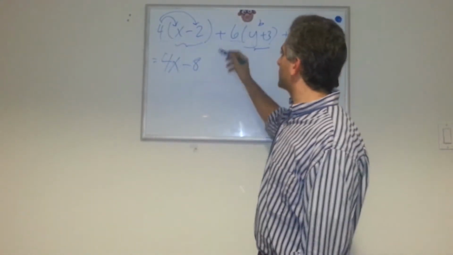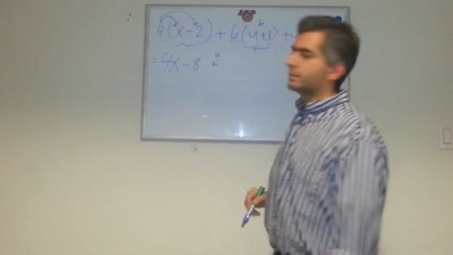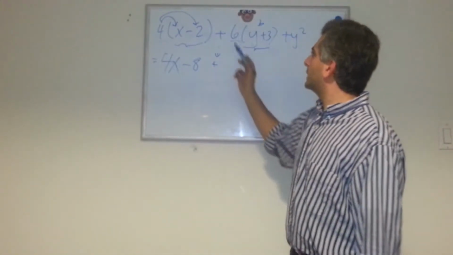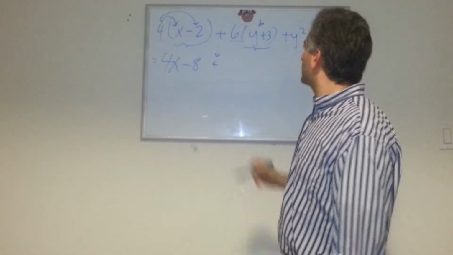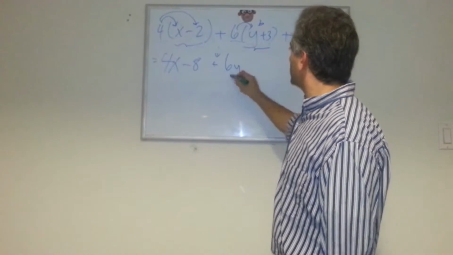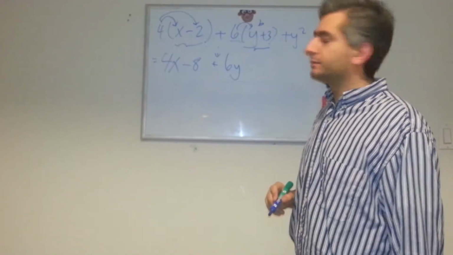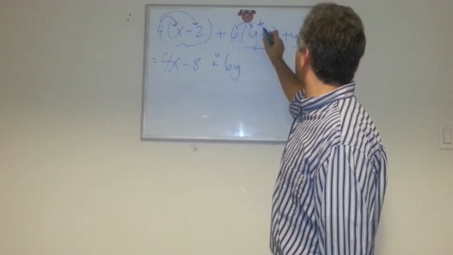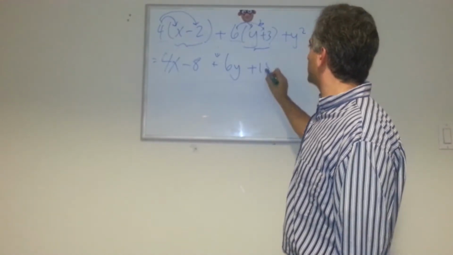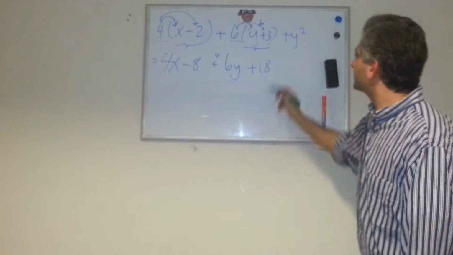We're going to put a plus sign here. Now let's start with the 6. The 6 distributes with the y to give you 6y. The 6 multiplies with the 3 to give you plus 18, plus y squared.